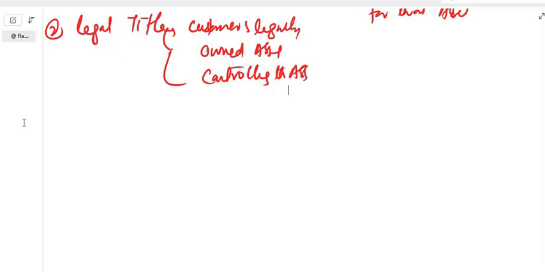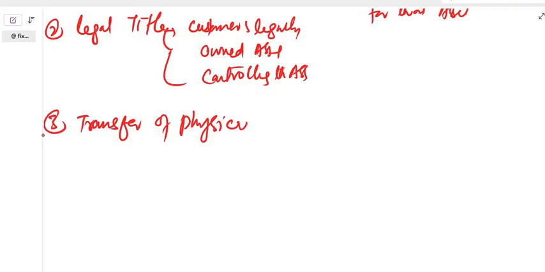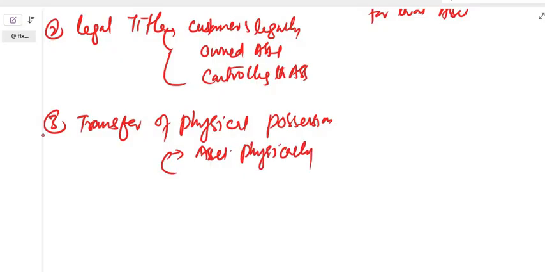The third indicator is the transfer of physical possession. When you physically transfer the asset, it means this asset is now controlled by the customer, because you have physically delivered it to the customer.